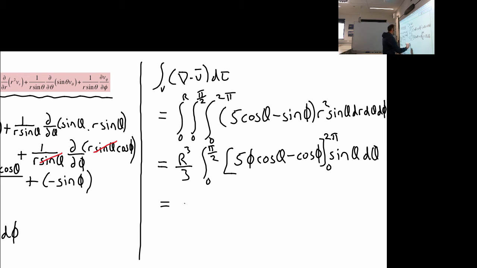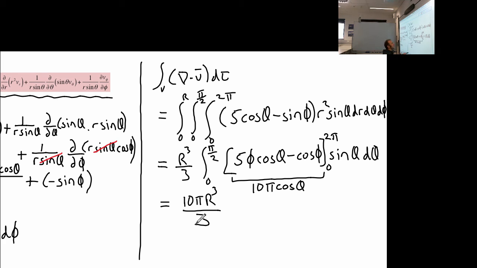So what we have here for phi is going to work out as 10 pi cos theta. I'm going to bring the 10 pi aside, so we have 10 pi r cubed over 3.